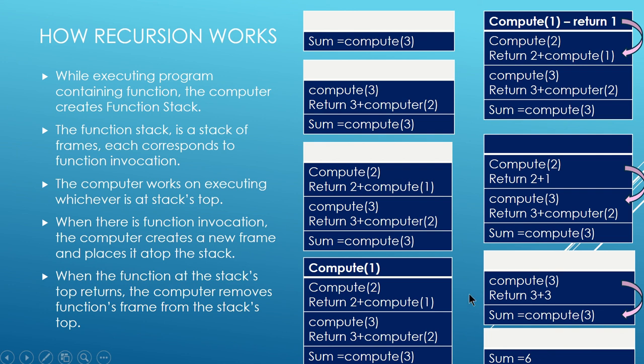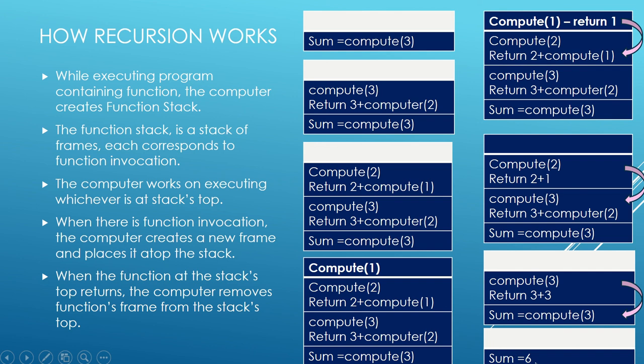So what you have learned is that whenever there is a function call statement, a new frame will be generated and executed in last in, first out order. This is the last item in the stack, so compute of 1 will be evaluated and its result given back to the previous frame, and then it is removed.